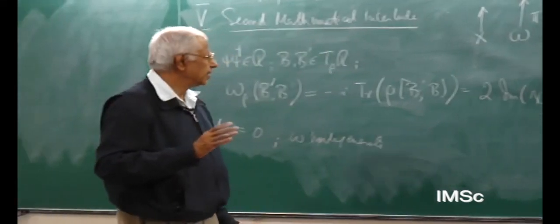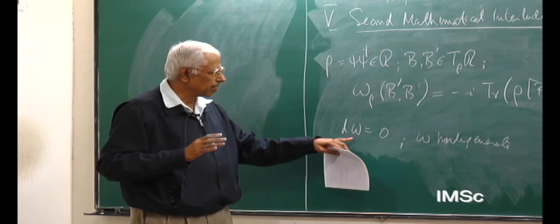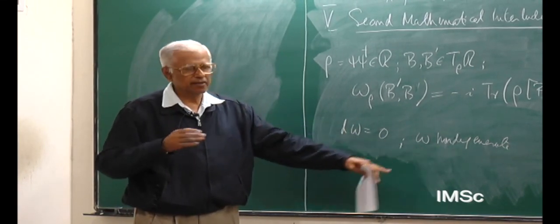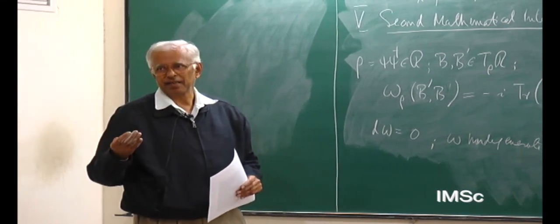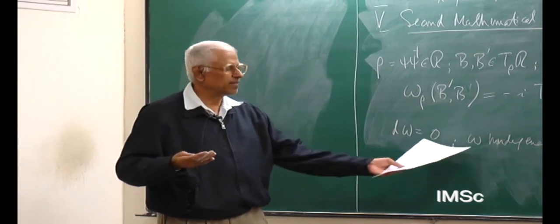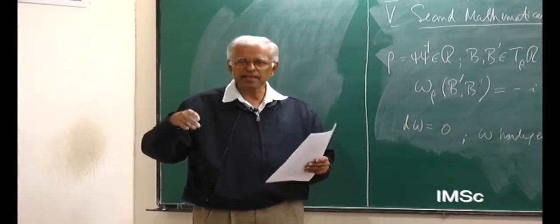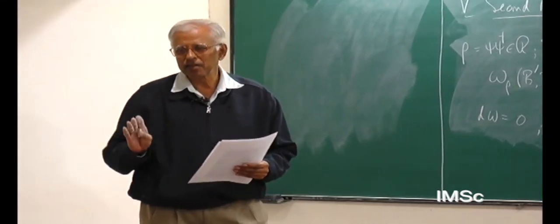Unfortunately, they do not recognize, or they do not say, that this omega is non-degenerate. Therefore, they are not able to say it is a symplectic area. Maybe they were, I don't know. So you can read their paper carefully, keeping in mind my comment about it.